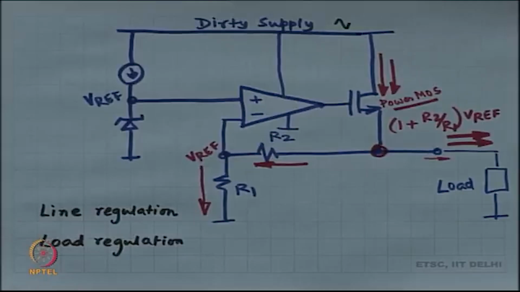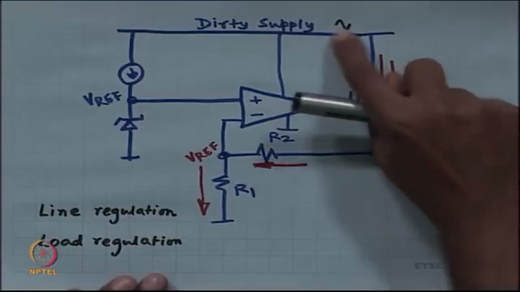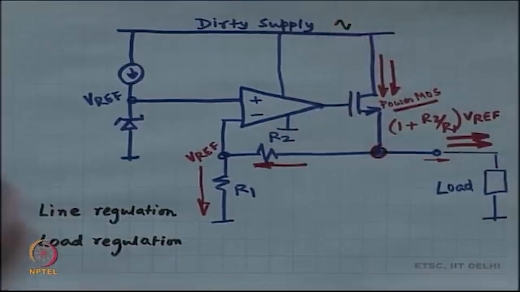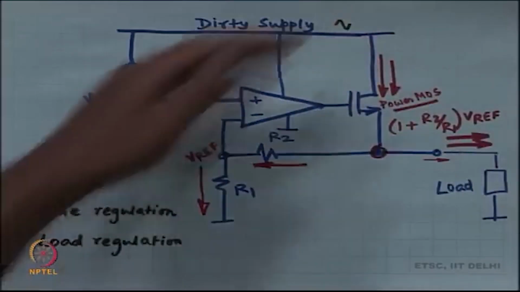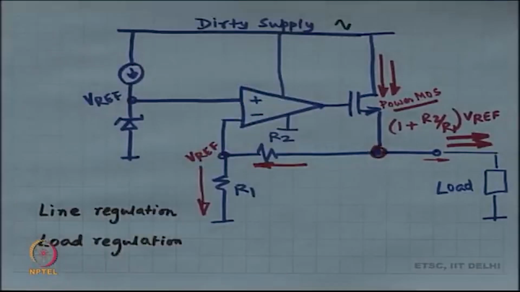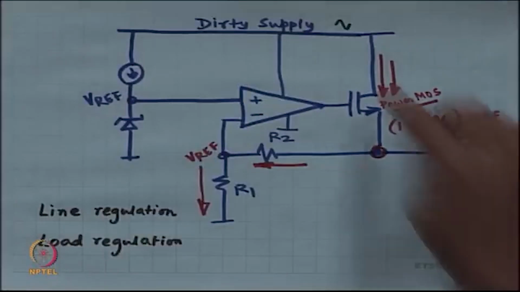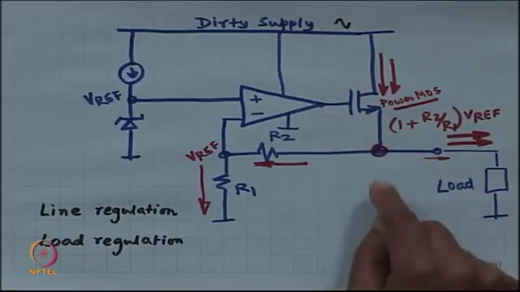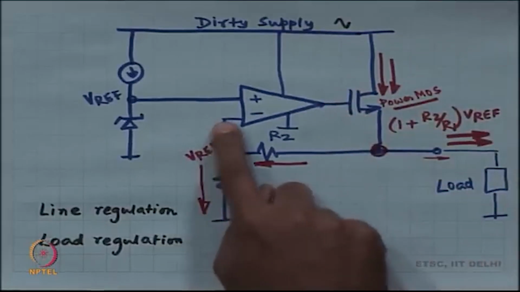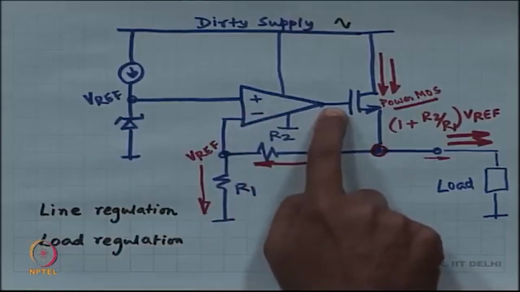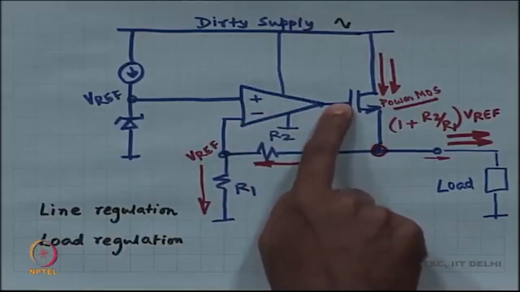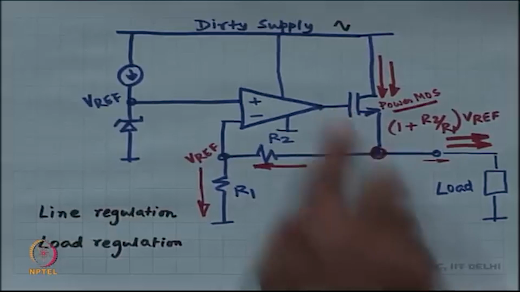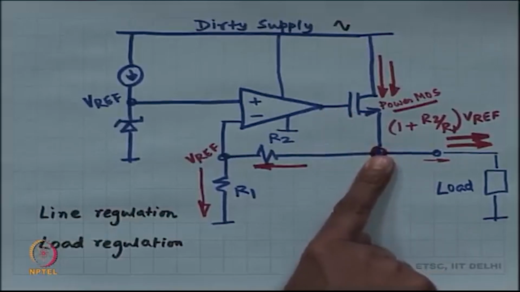How is line regulation taken into account? Suppose this dirty supply increases a little bit. Suppose the supply voltage increases a little bit, it does not matter, right. This feedback loop still ensures that the voltage over here is just right, such that the voltage over here is V ref times R 2 by R 1 plus 1.